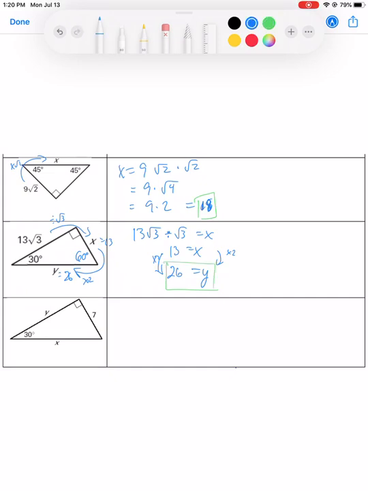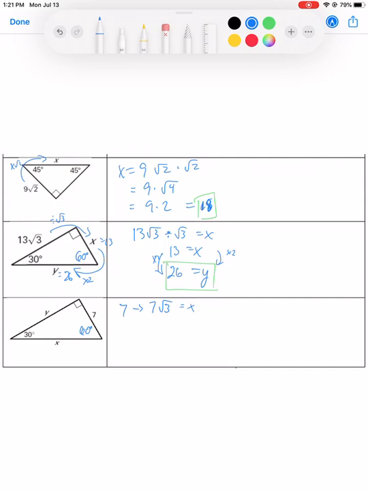And then this one, we have 30 degrees here, so we can deduce that this is 60 degrees. And we have 7 as the short leg, and you go up to the long leg. So 7 will now become 7 times the square root of 3. The hypotenuse x is going to be twice the short leg.